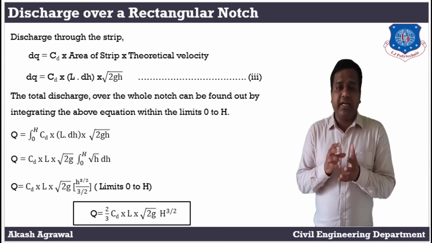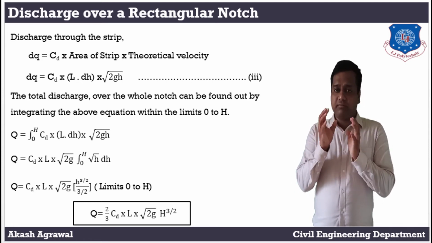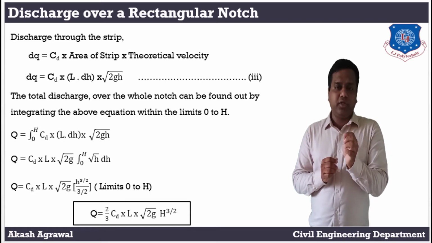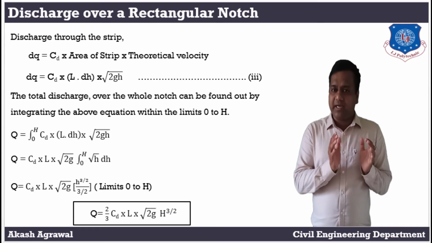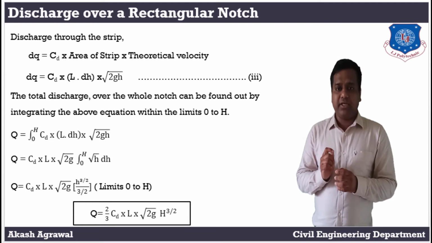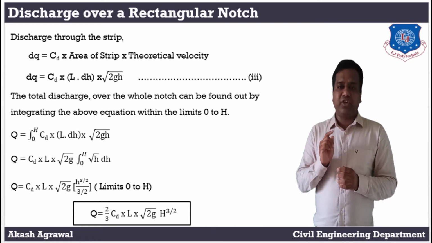What we are integrating is the part that contains h. So Cd into L into under root of 2g we take outside, and we will integrate within the limits 0 to H the term under root of h into dh, that means h raised to 1 by 2.